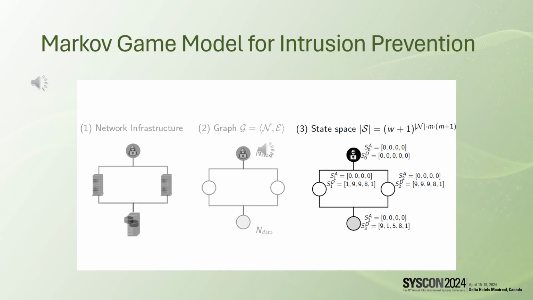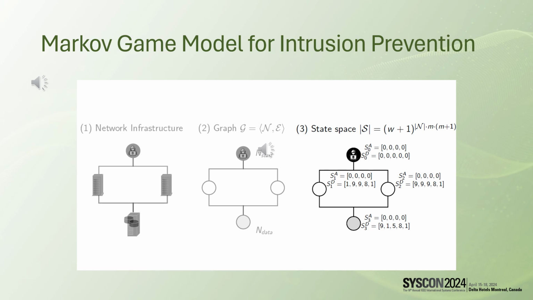This slide is the third component of the Markovian game model for intrusion prevention, represented by the label state, S. The state space of a Markovian decision process, the MDPs, or games, represents all possible states that the game can be in. In the context of intrusion prevention, each state would represent a unique configuration or status of the network at a given time.